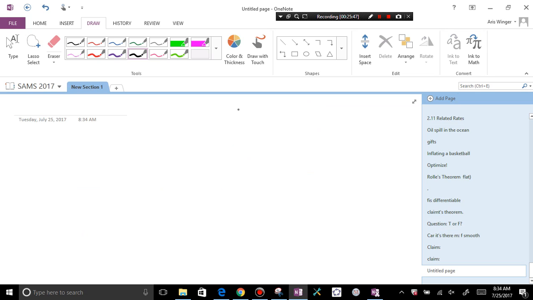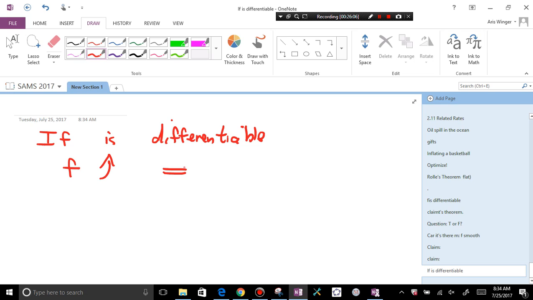So now let's be clear that now we have a bunch of if and only if statements. If f is differentiable on the whole real line, we have now completed the full circle that f is increasing if and only if f prime is positive. F is decreasing if and only if f prime is negative.